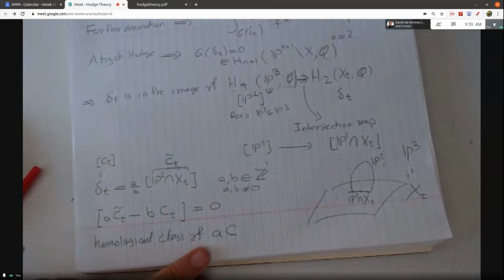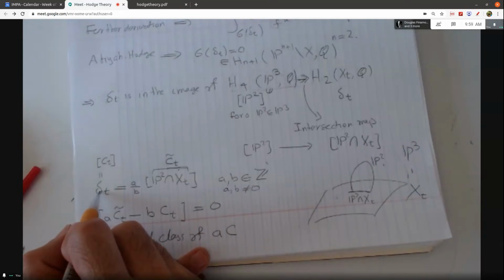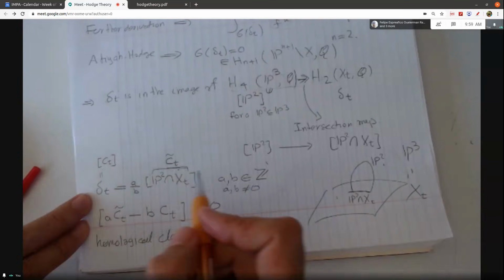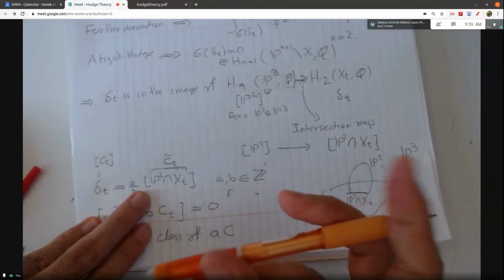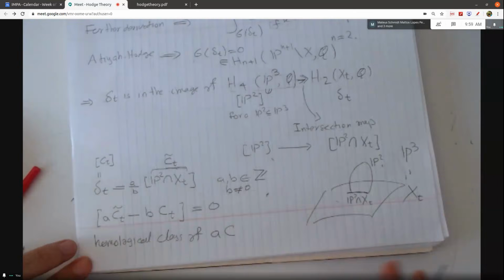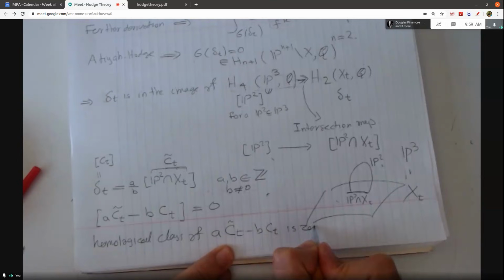So actually delta T can be 0, but let's just say B not equal to 0. Okay. The homological class of A C tilde T minus B CT is 0.